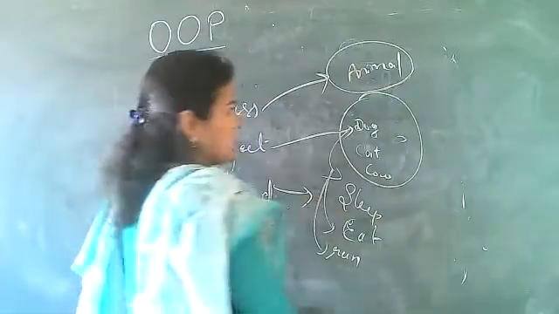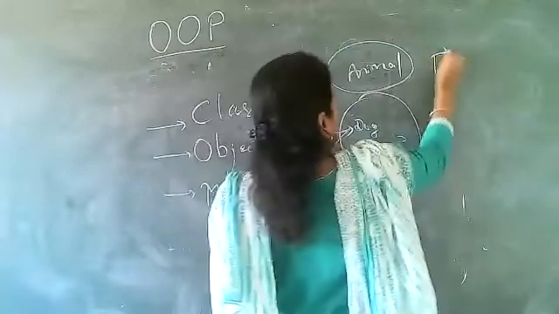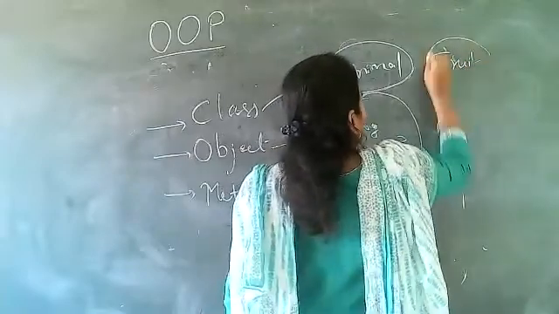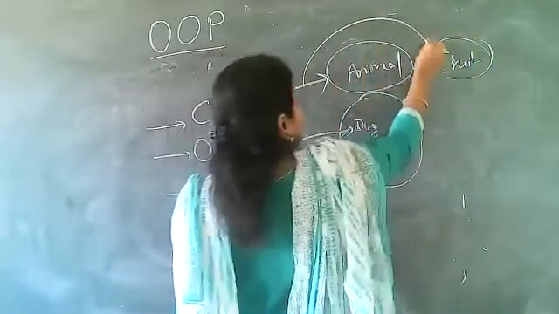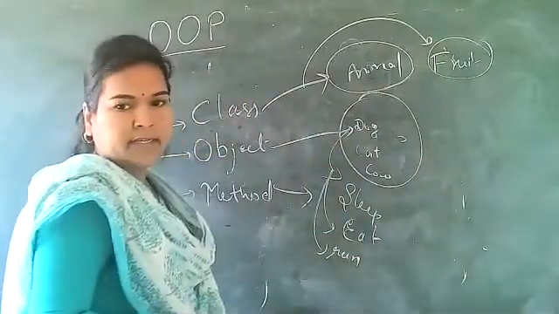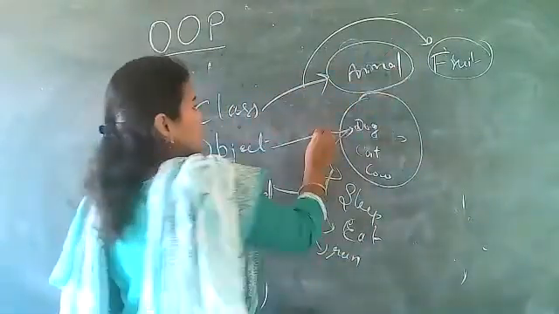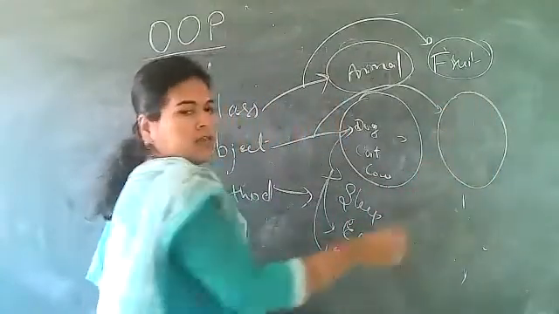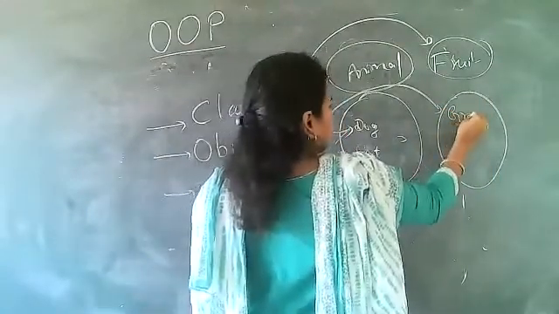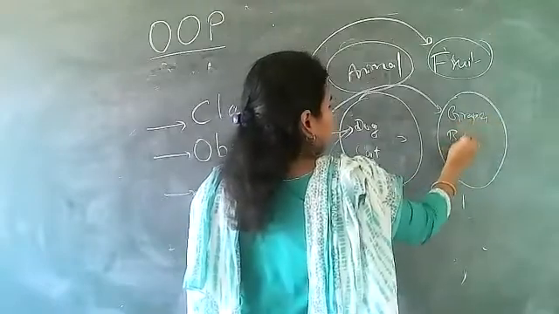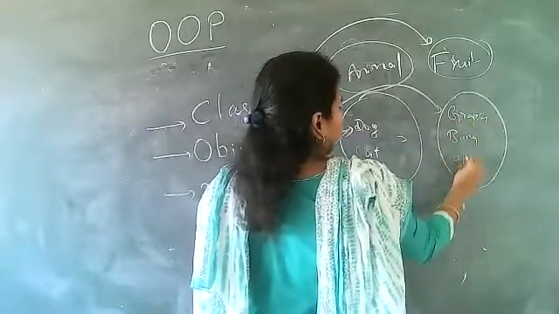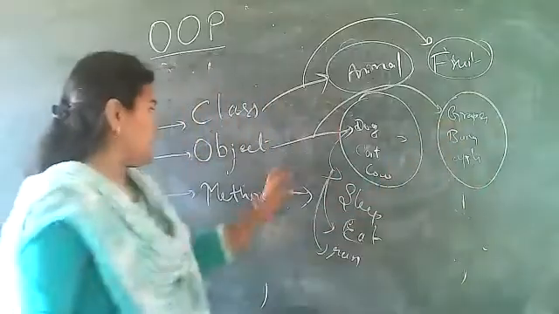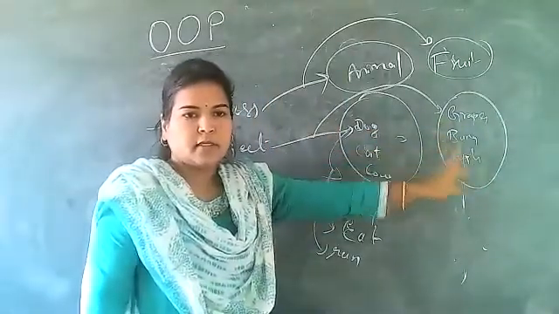Okay. See, if I take another example, take fruit. It is a class. Is it visible? Fruit. In the fruit you have grapes, banana, apple. This is the particular object.